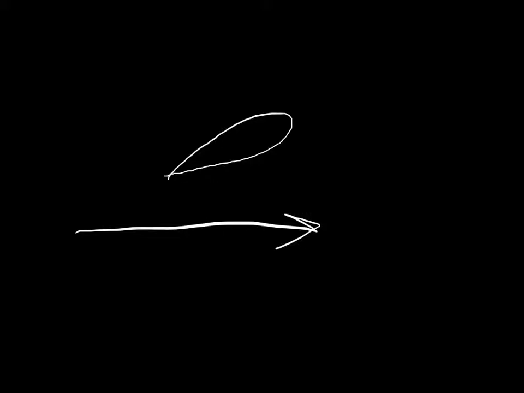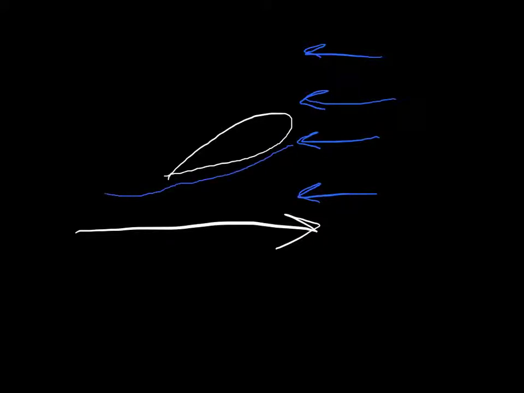Now, as we're moving along, the air comes along, and it kind of smacks into this wing. On the bottom, it smacks in and kind of gets slowly dragged along, and the air is moving a bit slower underneath the wing. So we have slow air moving down here.